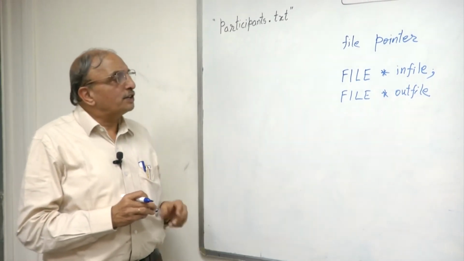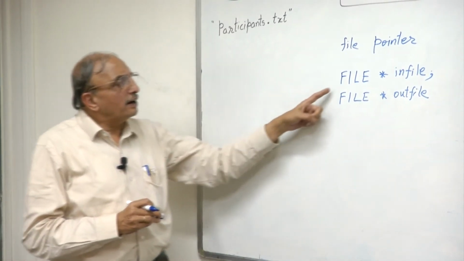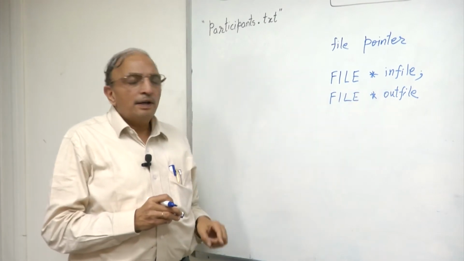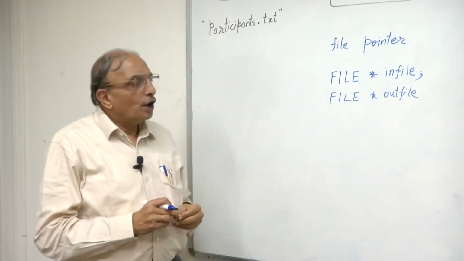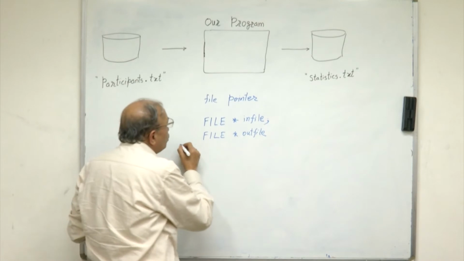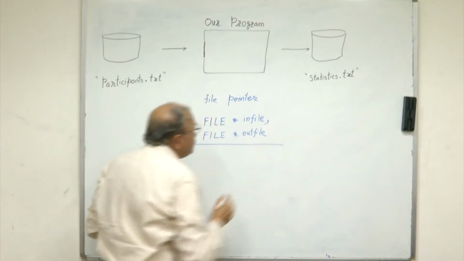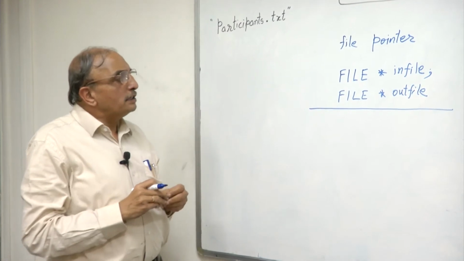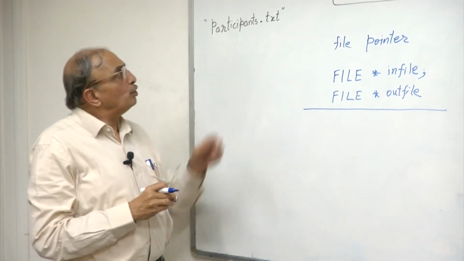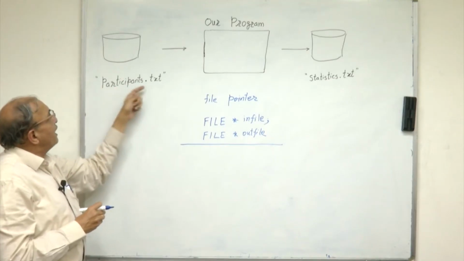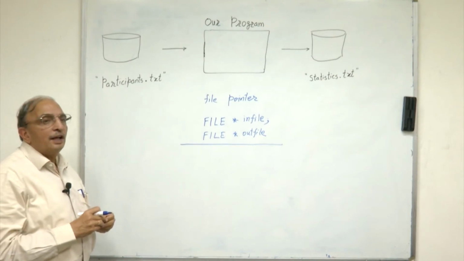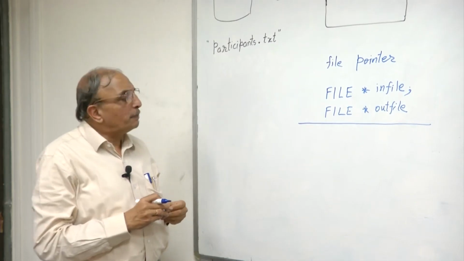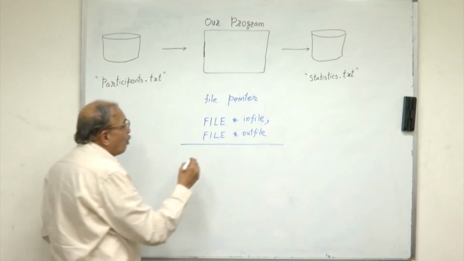Coming back to our discussion, having declared such file pointers in our program, as I mentioned, we have to have an association with an internal file name with an external file. Consider, for example, we want to read data from the file called participants.txt. For that, there is a special function called fopen.